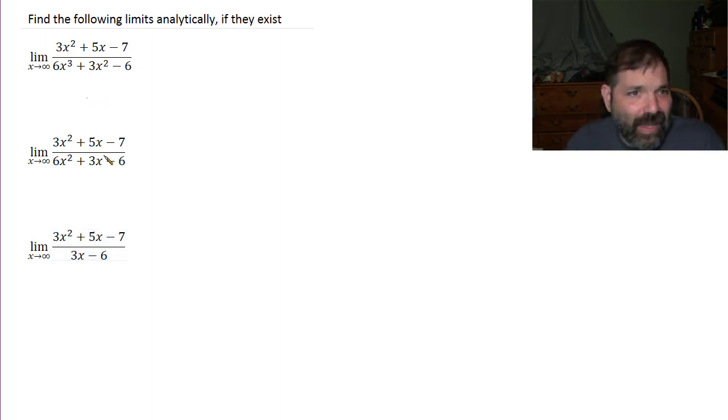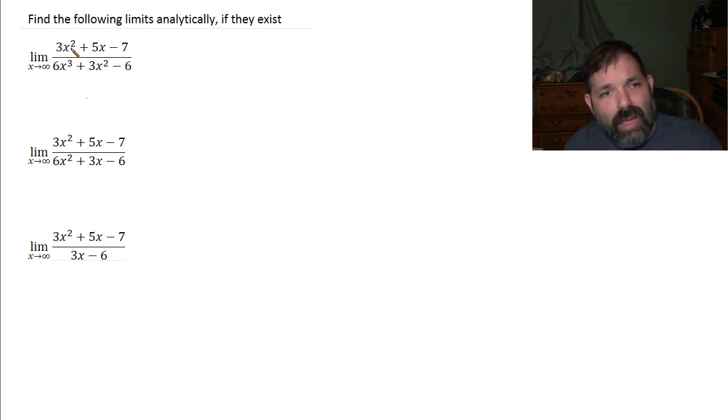So we have the limit with x approaching infinity of 3x squared plus 5x minus 7 over 6x cubed plus 3x squared minus 6. You might think, well, I don't know, what's happening here? If I let x approach infinity, I don't have any divisions. I don't know what to do with this.